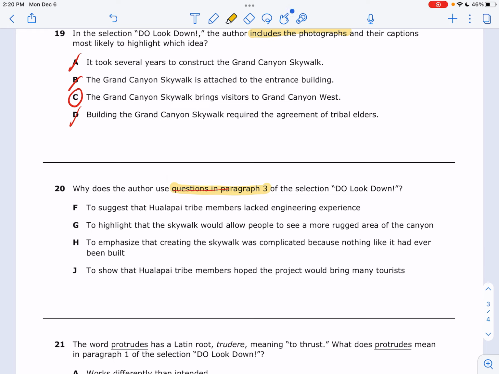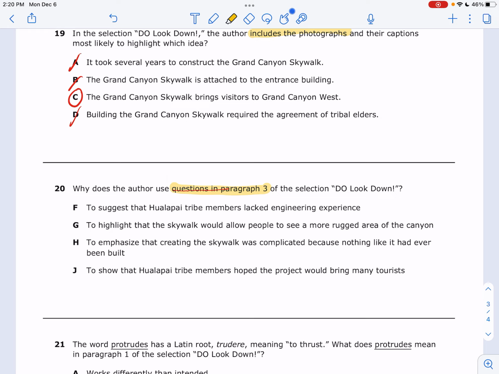Is it F, to suggest the Hualapai tribe members lacked engineering experience? G, to highlight that the skywalk would allow people to see a more rugged area of the canyon? H, to emphasize that creating the skywalk was complicated because nothing like it had ever been built? Or J, to show the Hualapai tribe members hoped the project would bring many tourists?